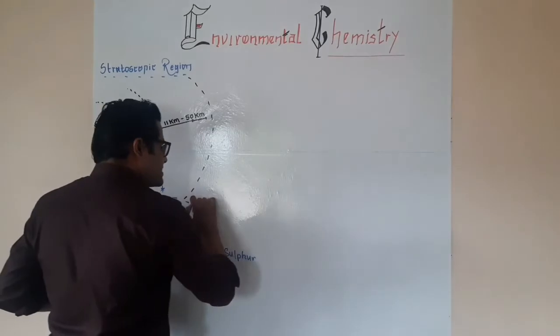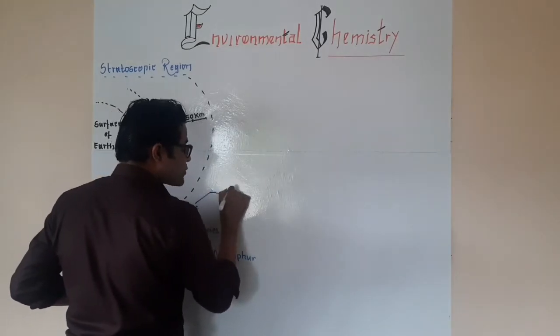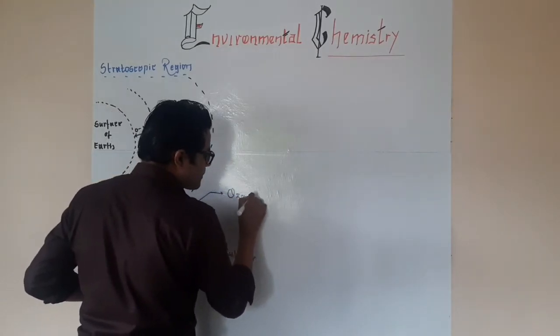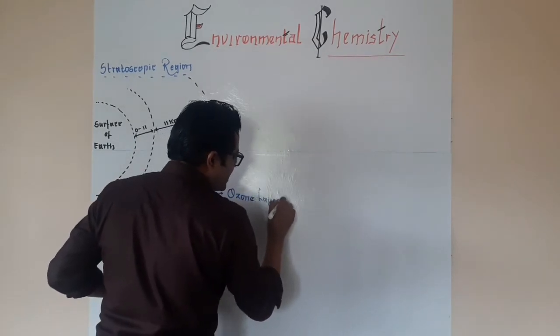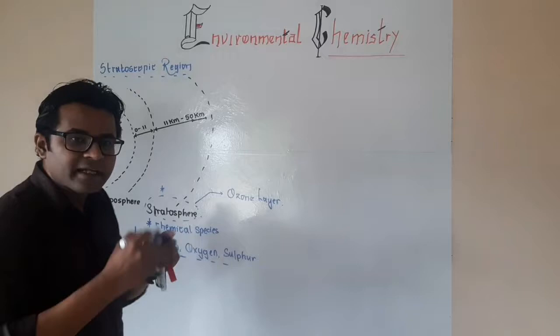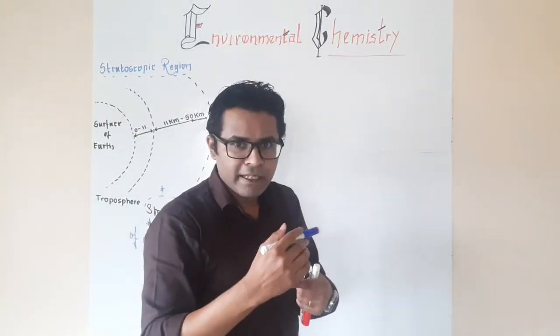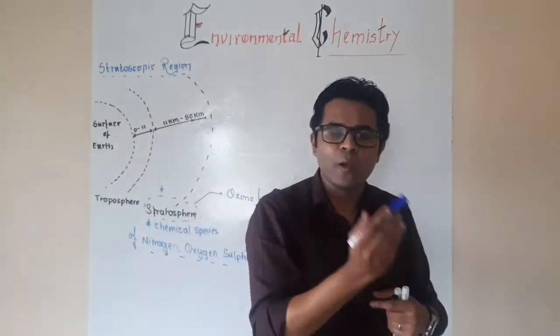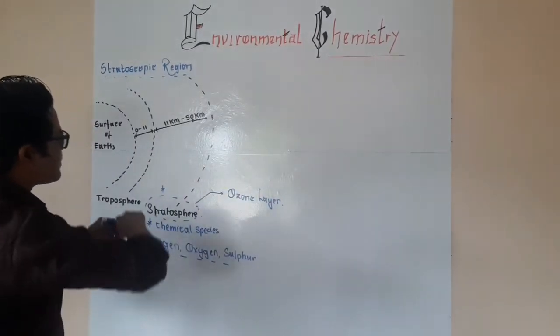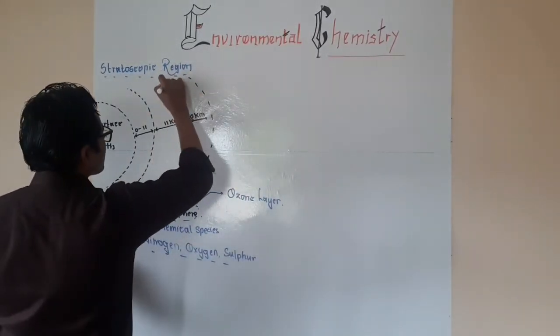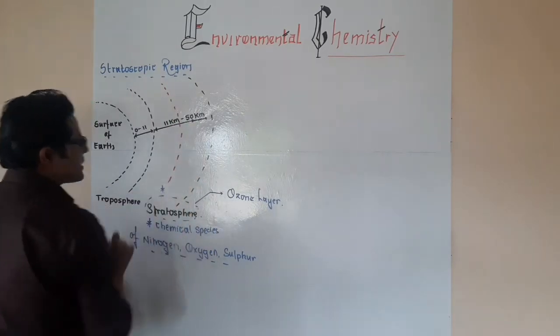This stratosphere contains an ozone layer. Now this ozone layer behaves in a different manner in the upper atmosphere and in the lower atmosphere. Let us say we divide this entire stratosphere into two parts.